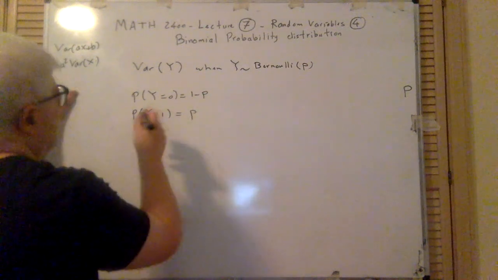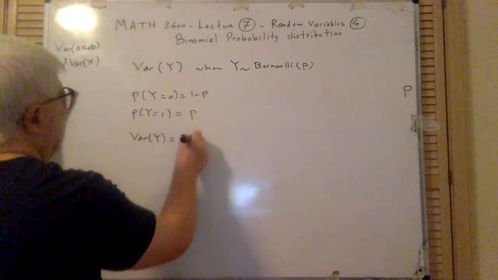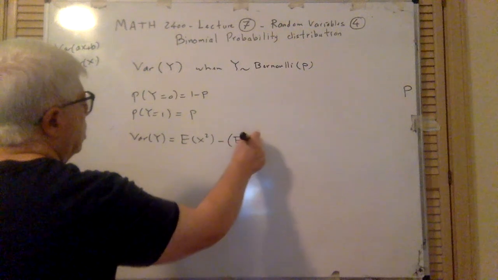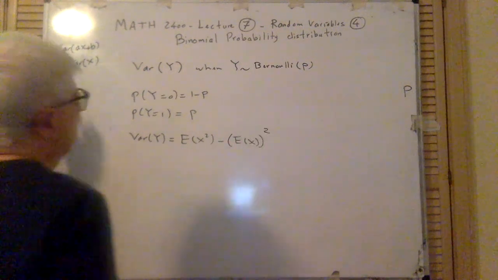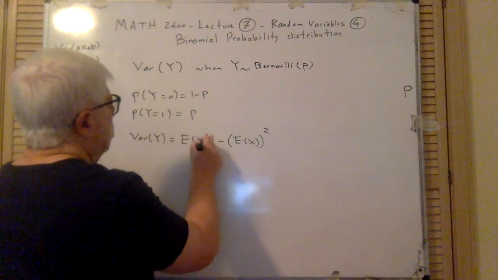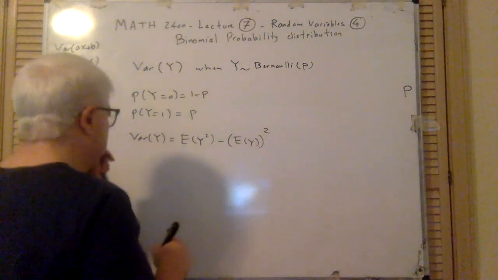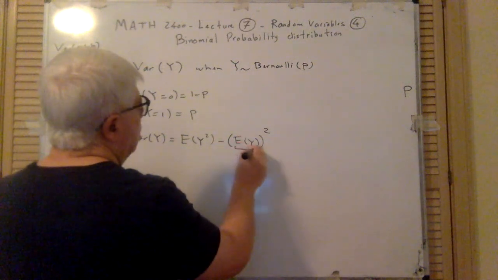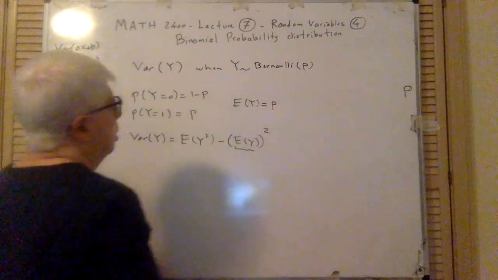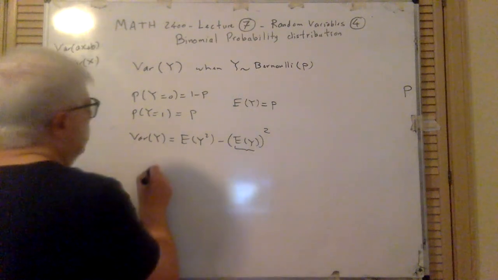So what was variance of y? Variance of y is the expected value of y squared minus the expected value of y, squared. Sorry, this is y, not x. We found that the expected value of y is p, so that's p squared. What is the first one?